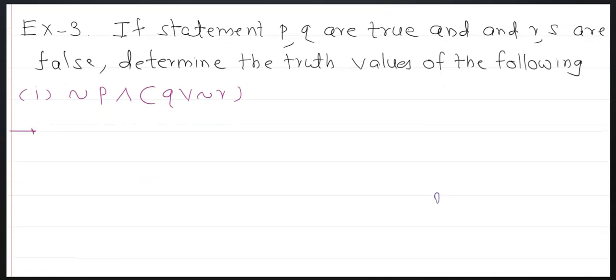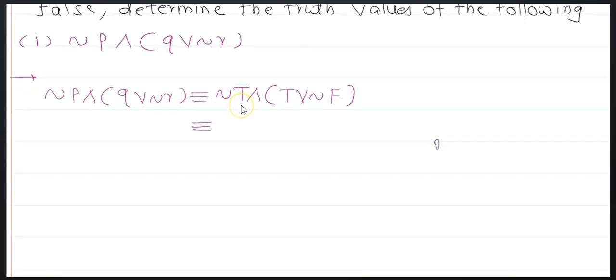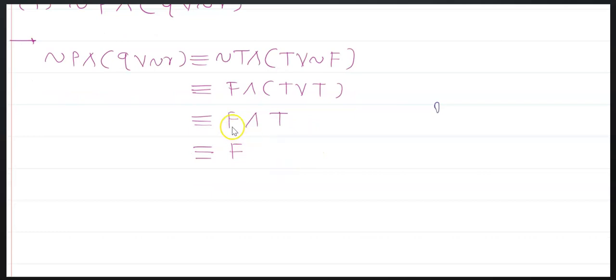That is negation of P and in bracket Q or negation of R. Now see this here, very interesting. That is a negation of T. P is T, Q is T, but R is F. Negation of T is F and T or negation of F is T. Now what is T or T? T or T is T. But what is F and T? Therefore it is F.